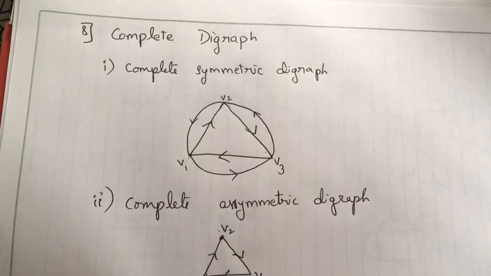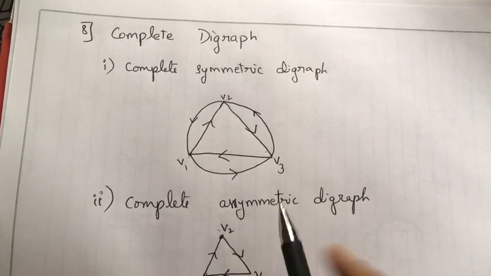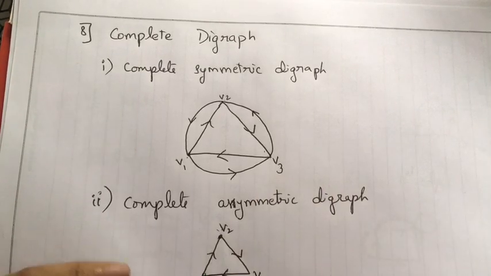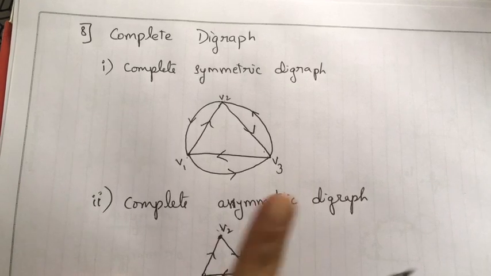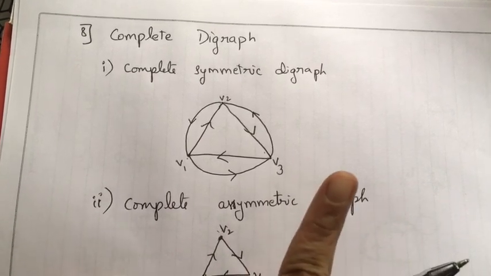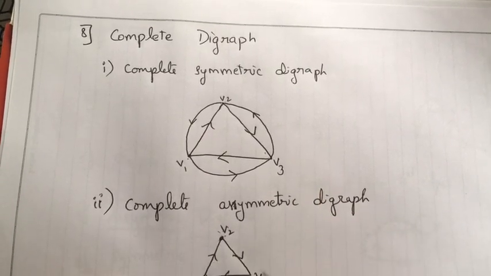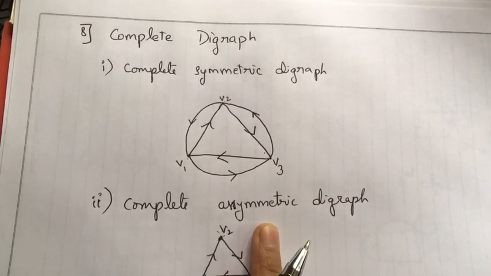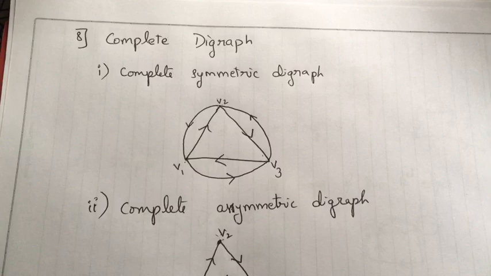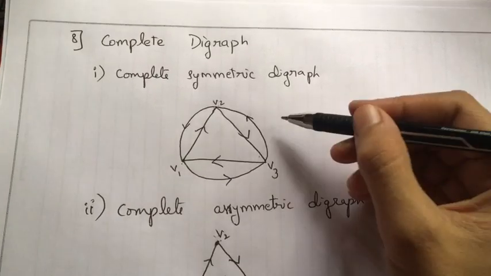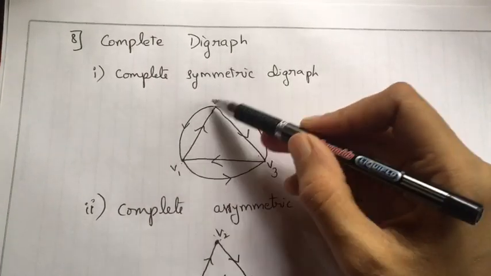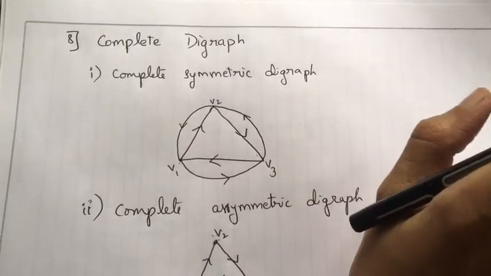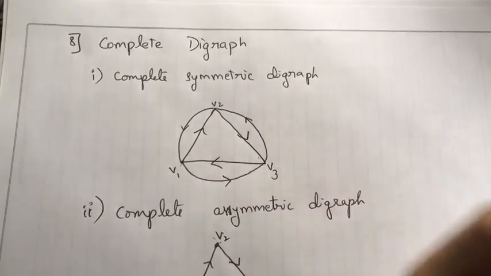It's not necessary to have an edge from v2 to v1 like that. If there is exactly one edge between every pair of vertices, then the graph becomes a complete asymmetric digraph. In a complete symmetric digraph, there has to be a directed edge in both directions between every pair of vertices.